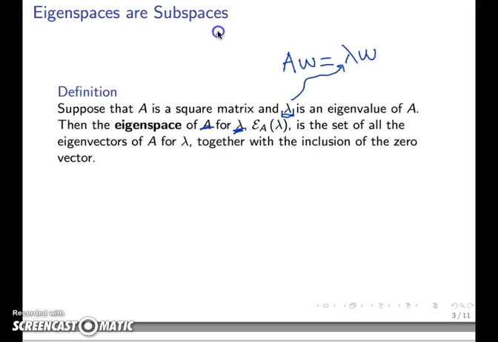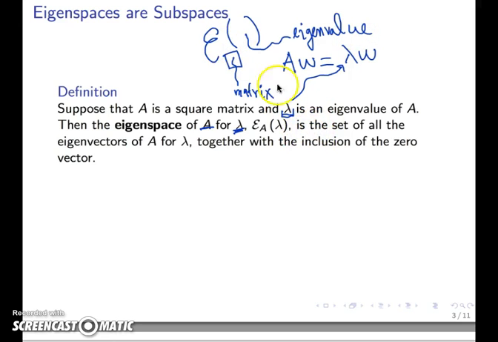This E, this funny E, this is called epsilon. It also looks like the symbol we use to say that something belongs to a set. But this is going to have a subscript where the matrix is denoted, and then there is an argument here in parentheses. So here we write the matrix in the subscript, and then in the argument we write the eigenvalue. That's the idea, okay? The eigenvalue.